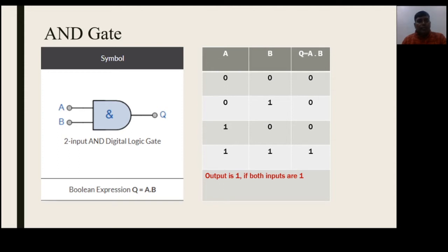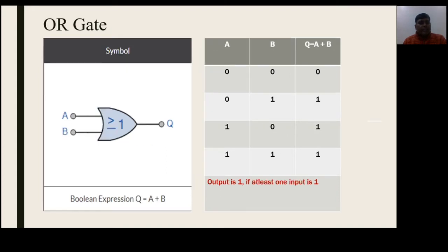And what AND gate implies is that if all the inputs are 1, then only the output is 1, otherwise output is 0. So in the first three cases the output is 0 because all the inputs are not 1, and in the fourth case 1 1, where all the inputs are 1, then the output is equal to 1.